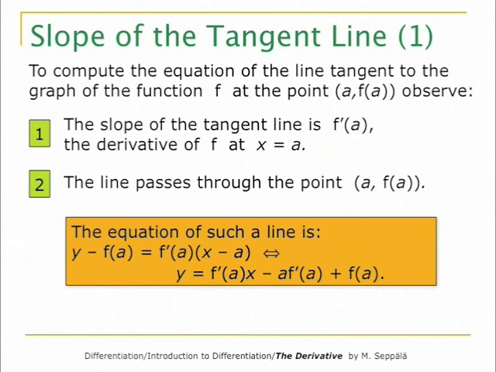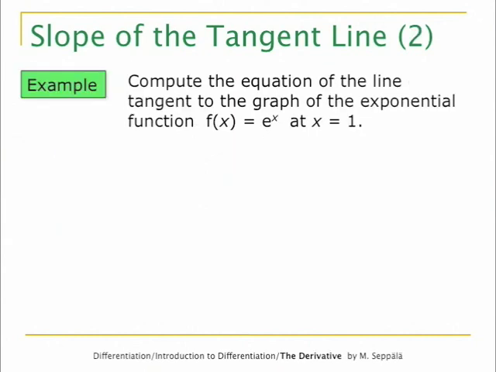This can be simplified to y equals f prime at a times x minus a, plus f at a. This is the equation of the line tangent to the graph of the function f at the point (a, f(a)).